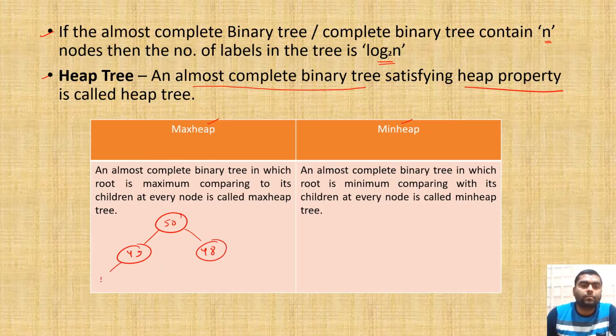This is 15, this is 25, and this is, let us suppose, 12. You can check that at each and every node, the root is maximum as compared to its children.